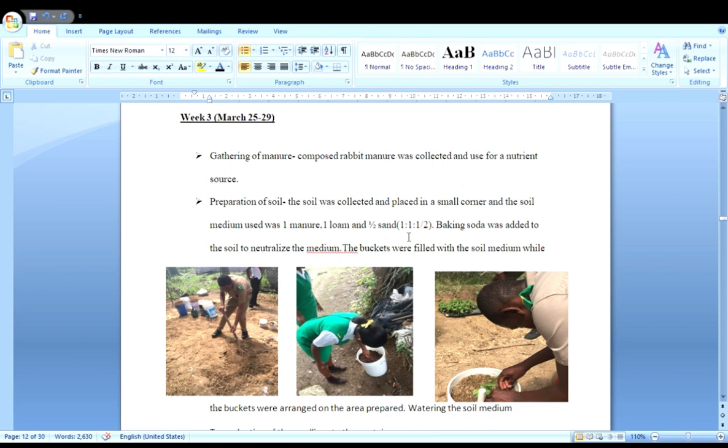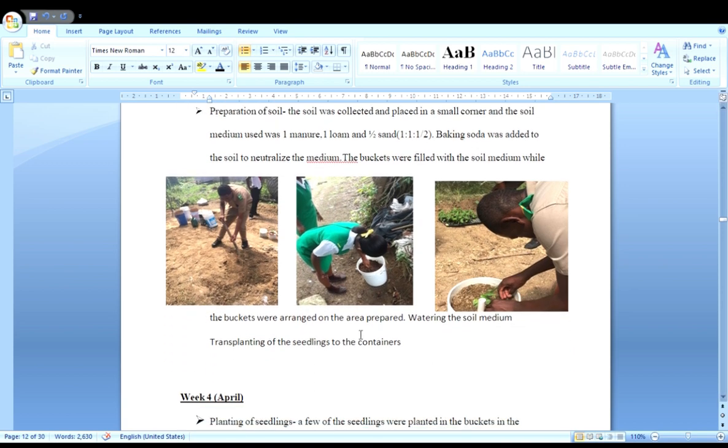So here it is 1 to 1 to half. Baking soda was added to the soil to neutralize the medium. The buckets were filled with soil medium while the buckets were arranged on the area prepared. Water the soil medium, transplanting of the seedlings to the container. So all that was done in week 3. That's 3 activities and 3 pictures, right?